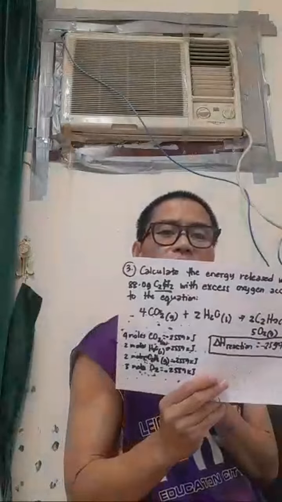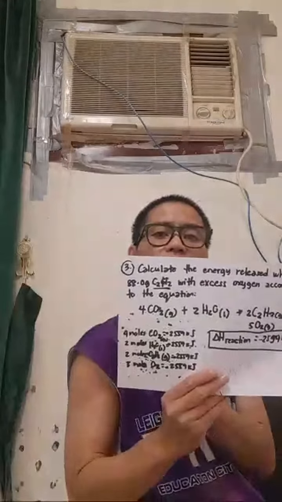And the other support data I mentioned a while ago, let's check if it will be applied during the solution process when we solve this problem. We will start now with the stoichiometric relationship of 88 grams of acetylene gas.